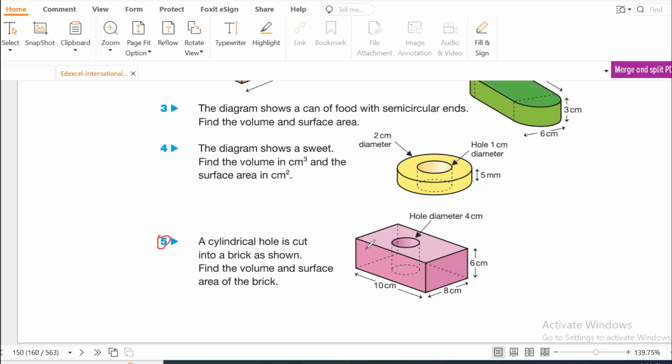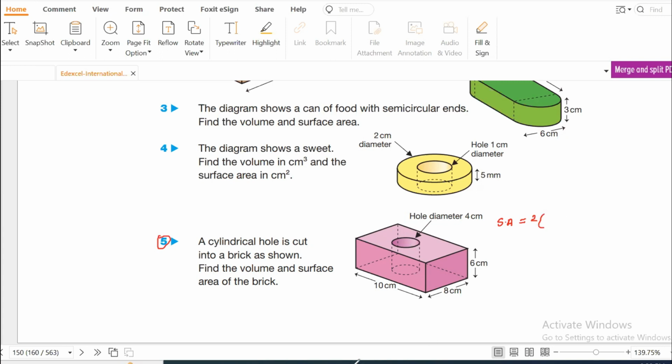Secondly, we will discuss how to find the surface area for this question, and remember that inside, in this cylindrical part, one hole is cut into a brick as shown. So we can use this formula: surface area is equal to the surface area of the cuboid, very easy, 2 bracket open, length into width.